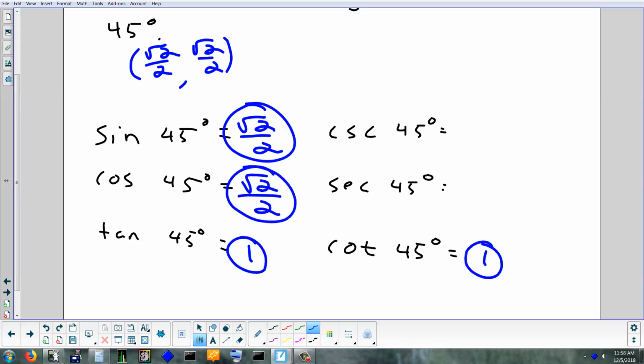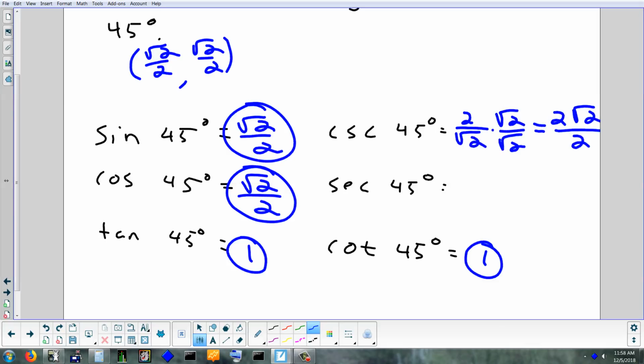All right. Now to get the cosecant, what are we going to flip to do that? We're going to flip the sine. And what do you get when you flip the sine? 2 over square root of 2. When we had something like that earlier, we got to fix it by doing what? Multiply by square root of 2. And that gives me 2 square root of 2 over 2.